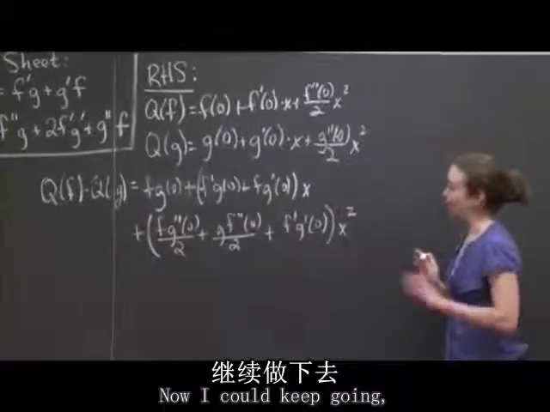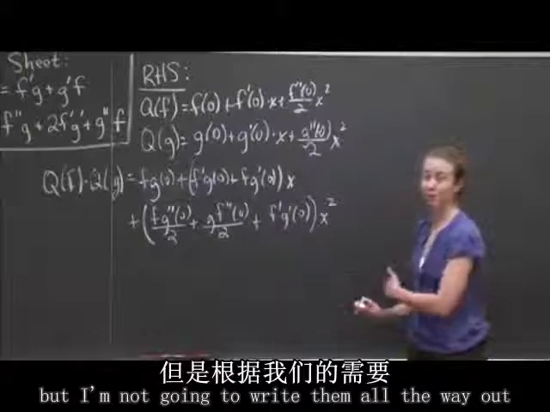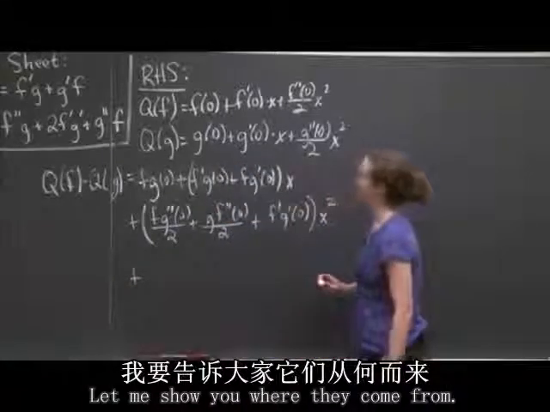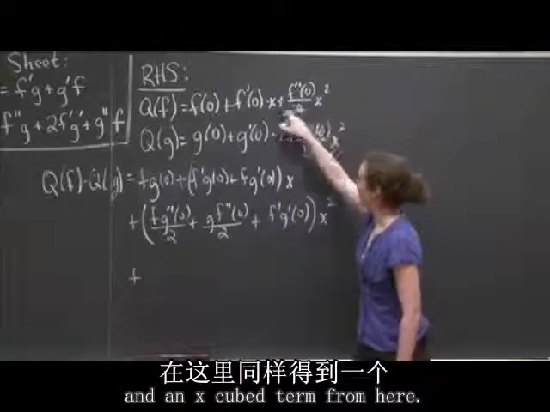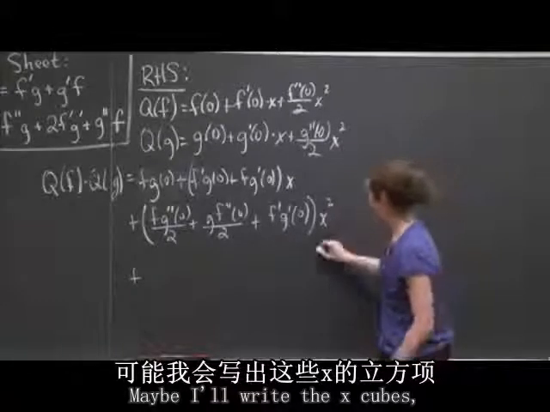Now, I could keep going, and I will mention the higher order terms, but I'm not going to write them all the way out because of what we're about to do. Let me show you where they come from. You get an x cubed term from here and an x cubed term from here. Maybe I'll write the x cubes, but I won't write the x to the fourth.